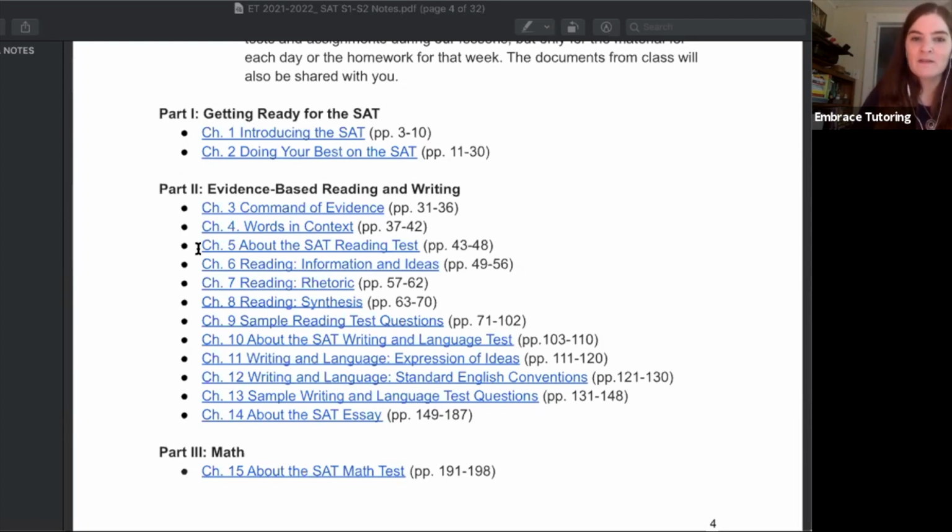The number of passages is 4 single passages plus 1 pair of passages, with 500 to 750 words each. It also goes over the subjects and how many of each type of passage you get, which we've discussed before as well.